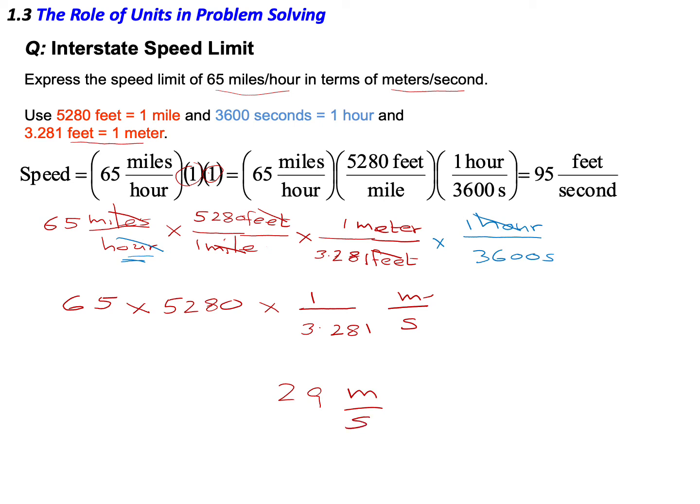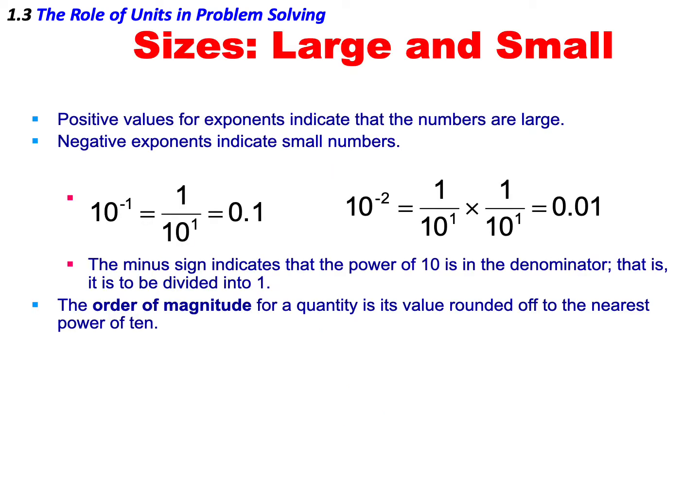This small section helps you to understand writing numbers as exponents, which helps you to understand the next few slides. So negative exponents like 10 to negative 1 indicate a small number.